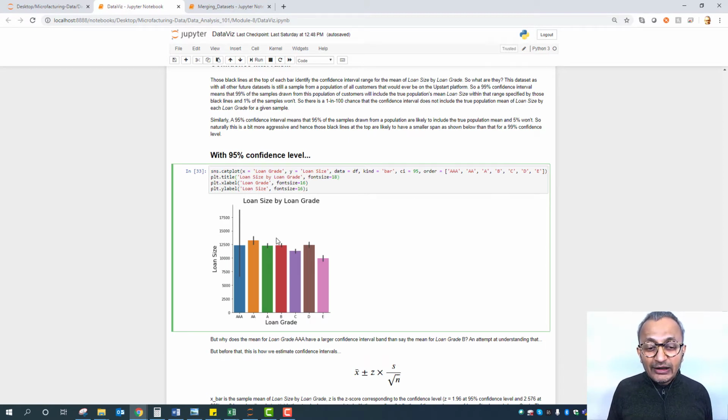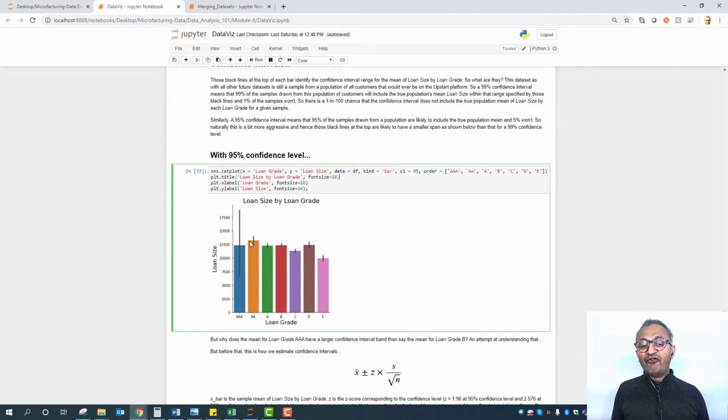And that 95% band is represented by this line. So what this band is telling you is that 95% of the samples you pull from this population data are going to capture the true population mean. Only 5 out of 100 samples you collect will not have the true population mean.